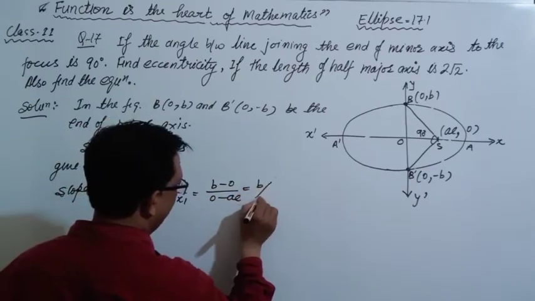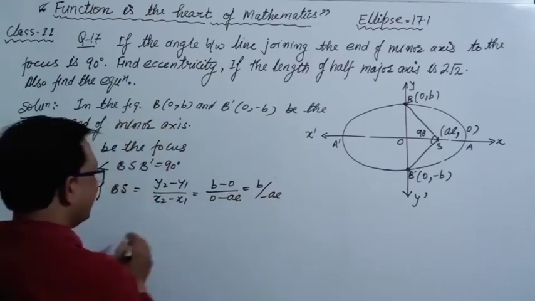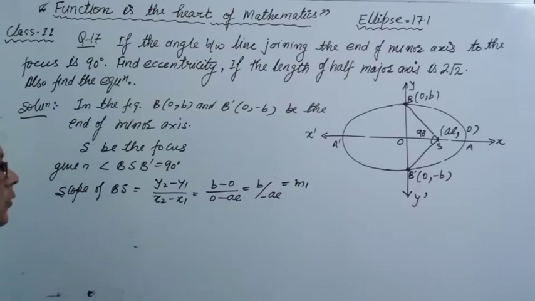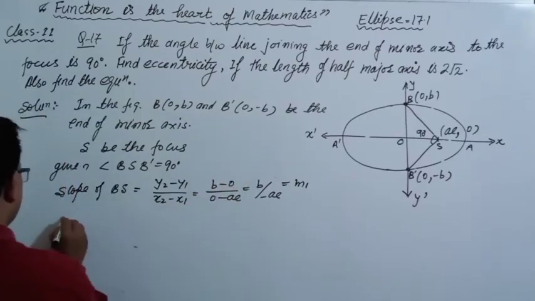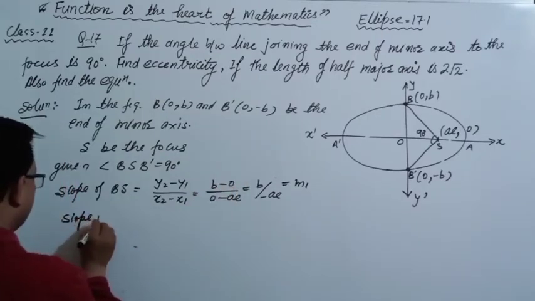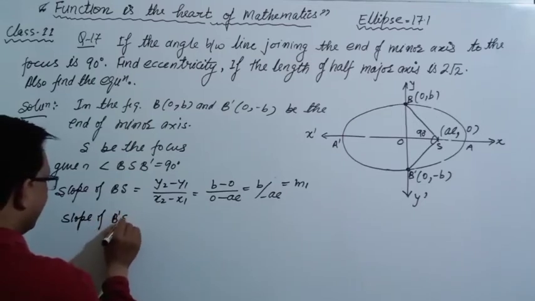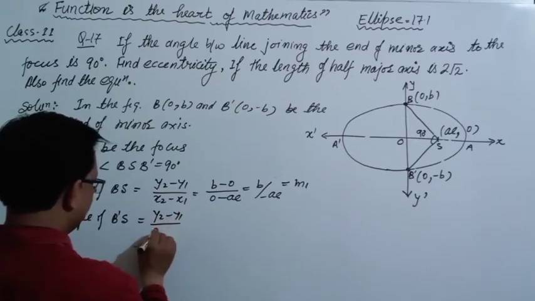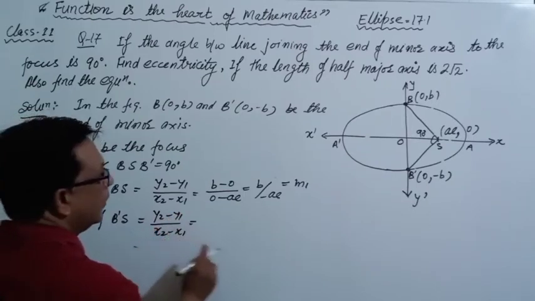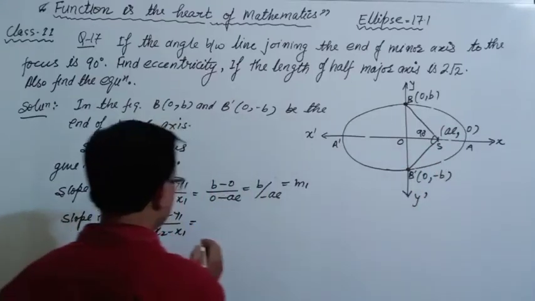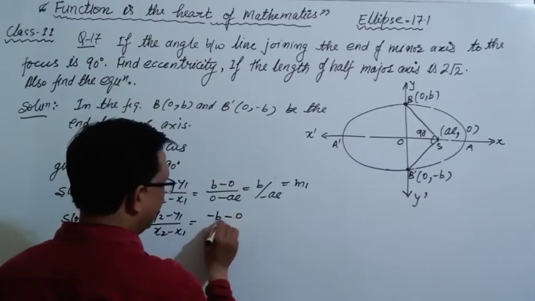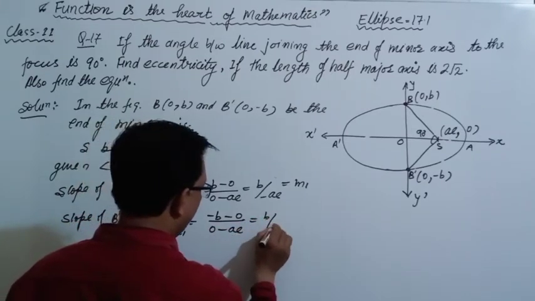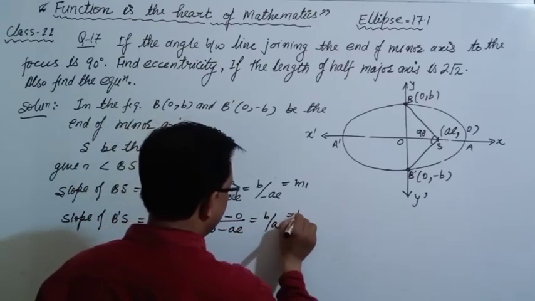So this is b upon minus ae, and we denote this m1. Now students, we find the slope of B dash S. Also apply the same formula. Here this is x2, y2, x1, y1. So this is minus b, comma 0, and 0 minus ae. So this is b upon ae. This is m2.